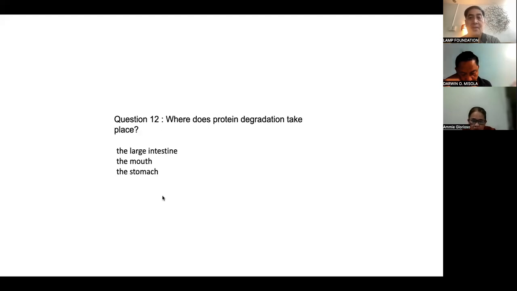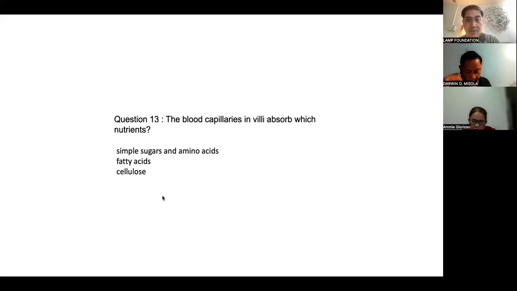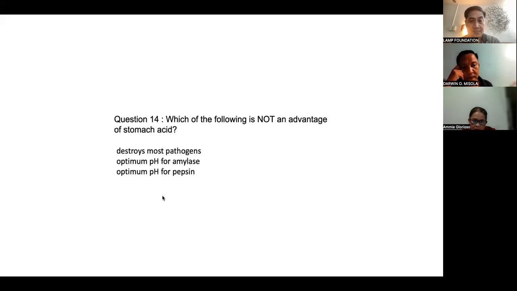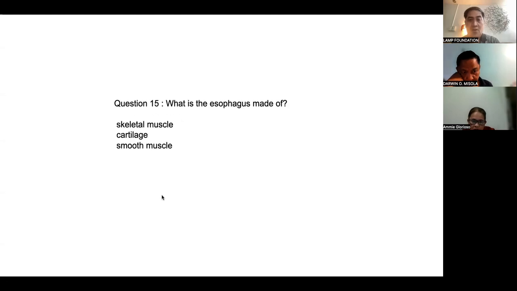Lipase degrades which group of compounds? Fats. Where does protein degradation take place? Stomach. The blood capillaries in villi absorb which nutrients? Simple sugars and amino acids. Which of the following is not an advantage of stomach acid? pH for amylase. What is the esophagus made of?